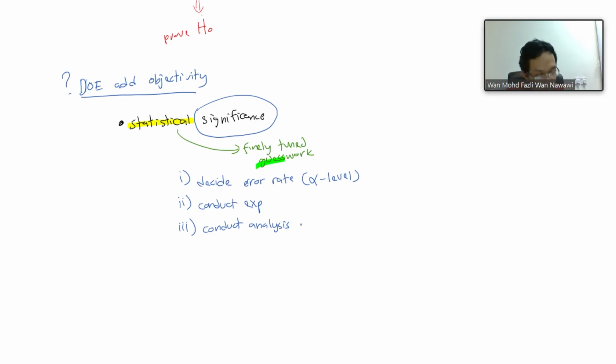Then you compare the statistic of your analysis. Normally you compare with the Z table and T table. I will show you later. This table shows you whether your data lies in the region of significance or not, because at the beginning you decide the error rate.